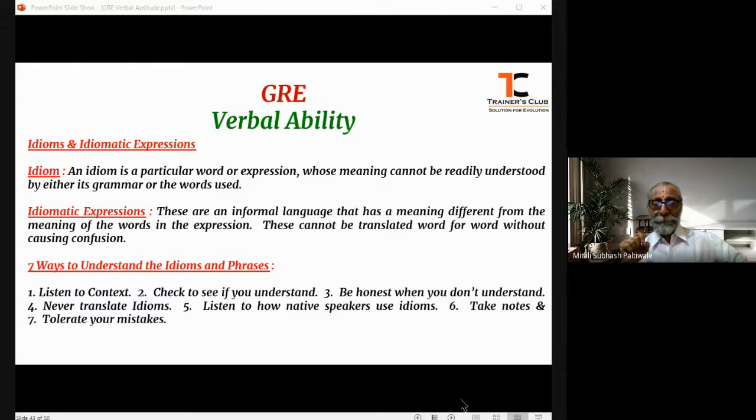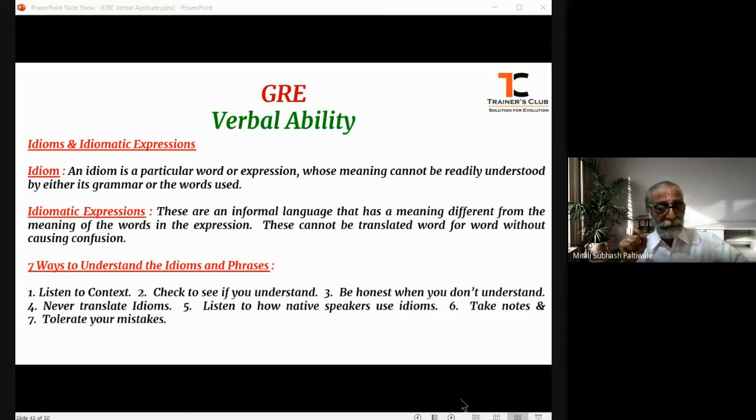And finally, one should have that patience and the tolerance to accept the mistake. To accept the mistake. So that means you should tolerate your mistake.